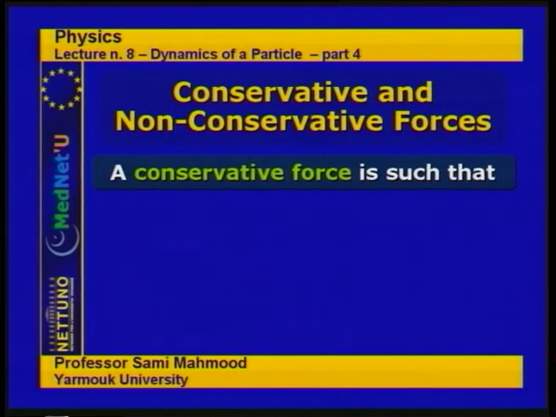A conservative force, as the name indicates, is a force which conserves mechanical energy, which does work, but mechanical energy doesn't get lost. We don't lose mechanical energy during the course of doing work by conservative forces. And this principle will be talked about later on.